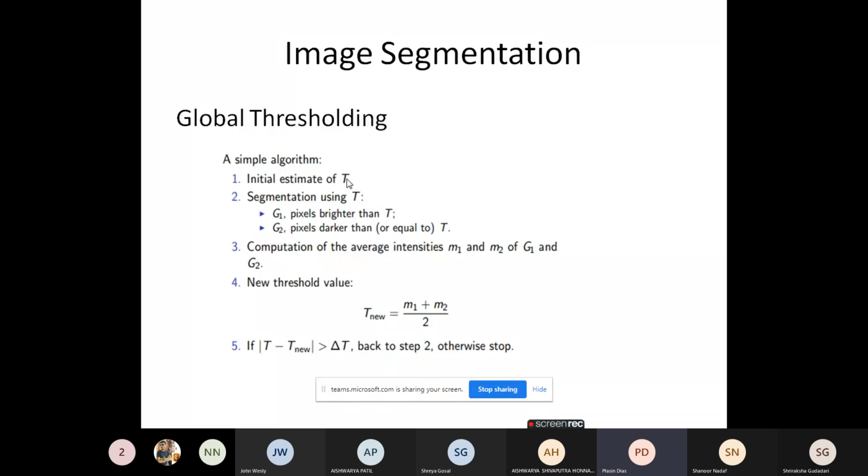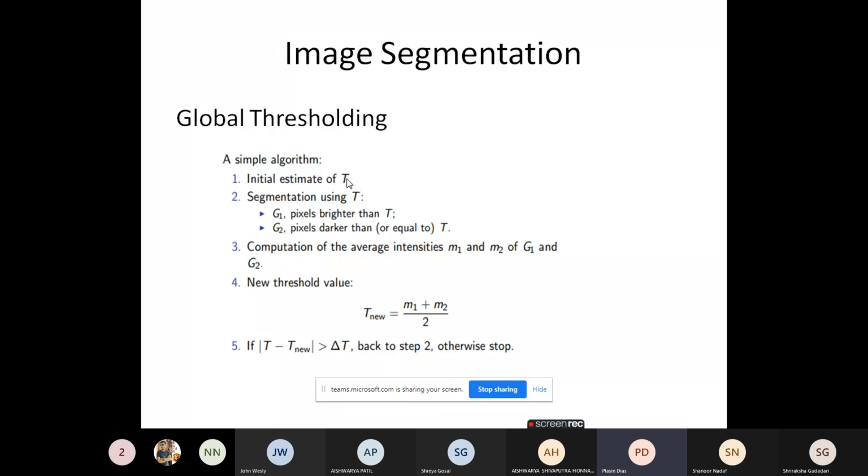So what it means is you are successively thresholding the input image and calculating the mean at each step. This procedure is helpful in expressing all the computation in terms of image histograms.